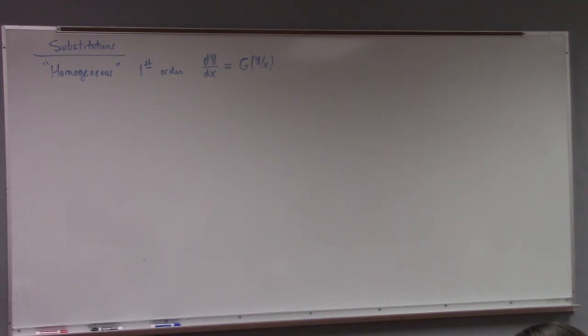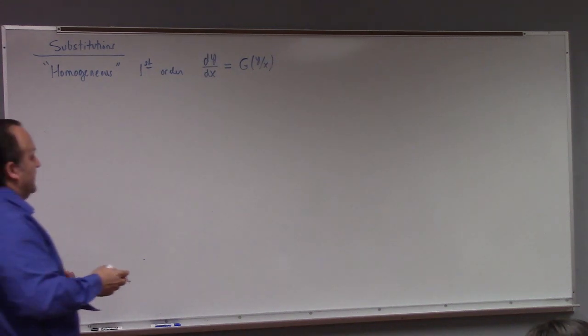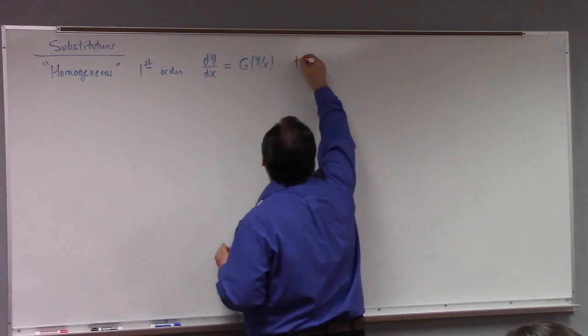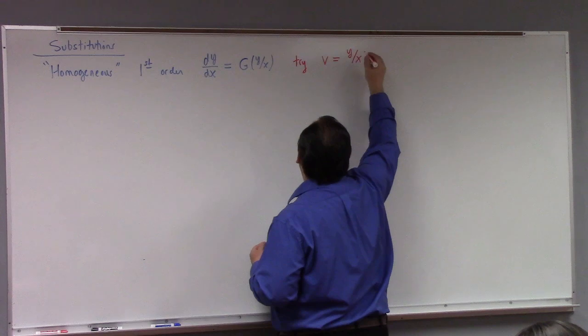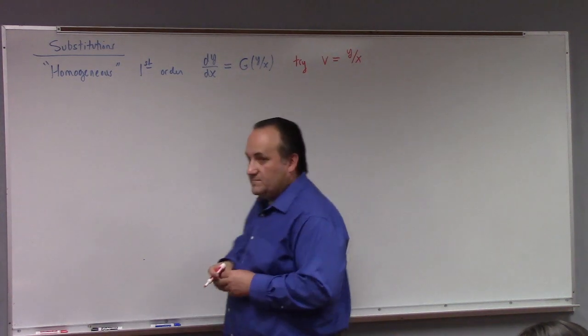So there's a symmetry of this differential equation in terms of rescaling x and y. That's the reason that this substitution works. And what substitution is that? Well, you should try a v equals y over x substitution to solve one of these guys. All right?